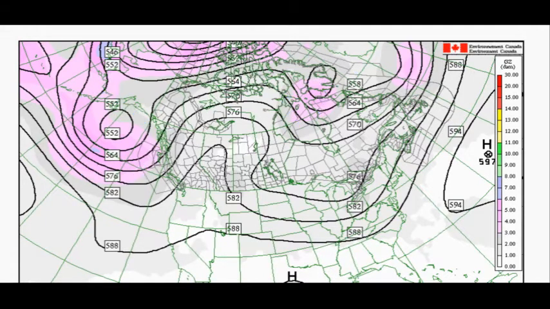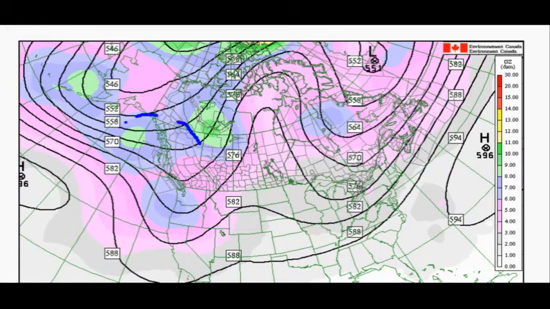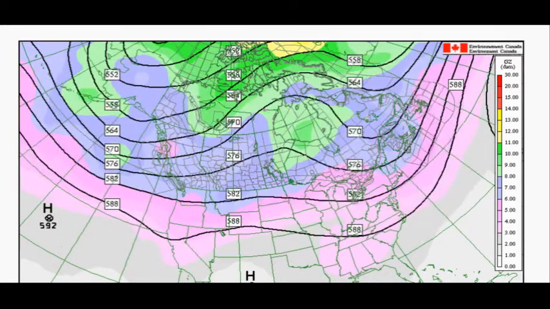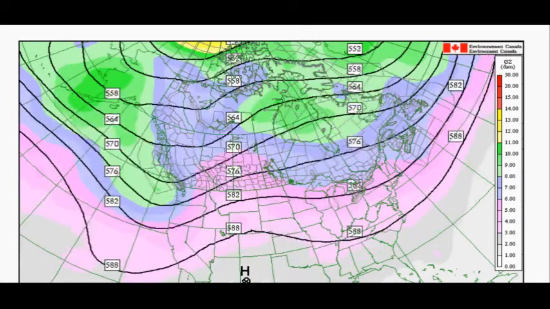And as we go up to the 13th and 14th, the differences in all the ensembles start to vary more and more. So a lot more disagreement with the fields along the west coast. Some of the models going for ridging, some going for some troughing. And then by the time we get up to the eclipse time, there's the 19th, 20th, and 21st. Some of the biggest disagreements are just off the west coast there.